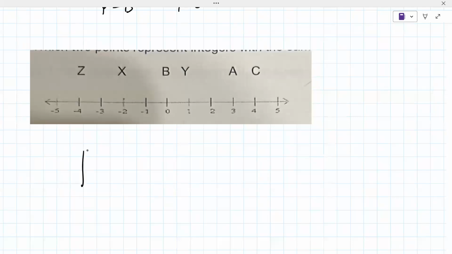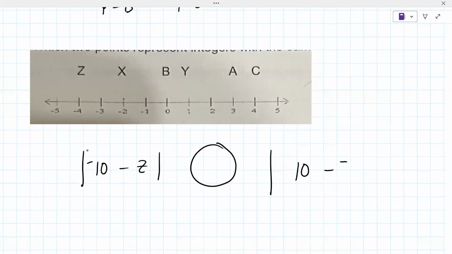All right, let's try another one here. I want you to find the absolute value of 10 minus a and compare that to the absolute value of -10 minus a.